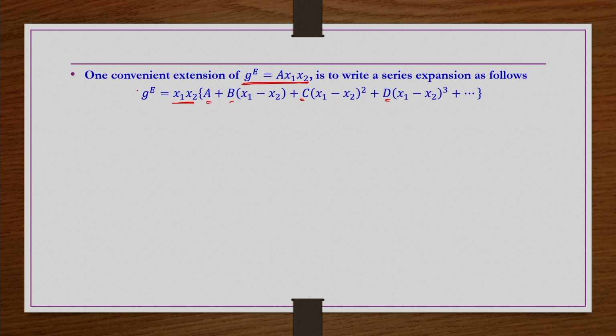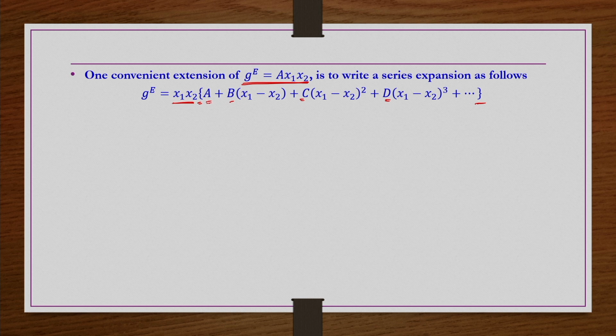And now within this parenthesis, whatever is there. If you include only the first term a, then it is called the 2 suffix Margules equation, that is simply a x1 x2, you are not including additional terms.